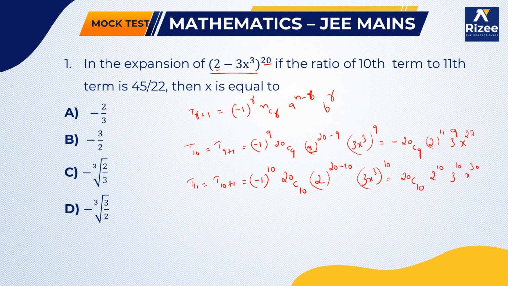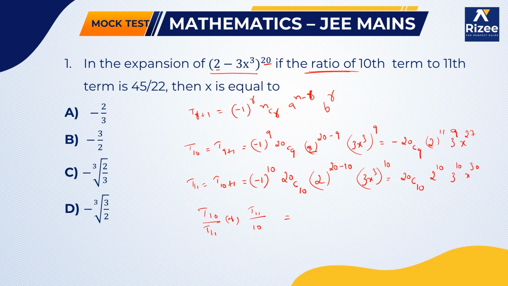What is he saying? The ratio of the 10th term and 11th term. So we have to divide t10 by t11 or t11 by t10. So I am taking t10 by t11.